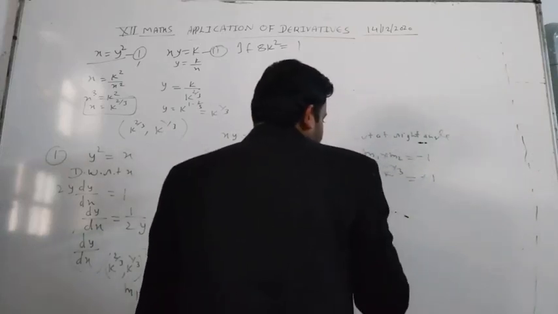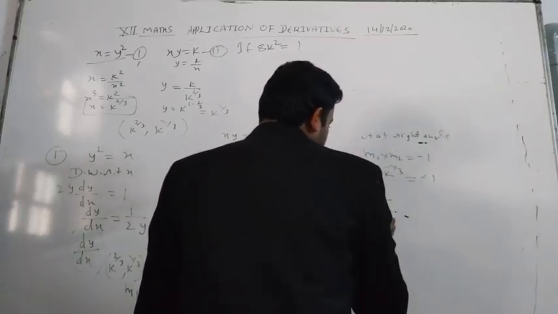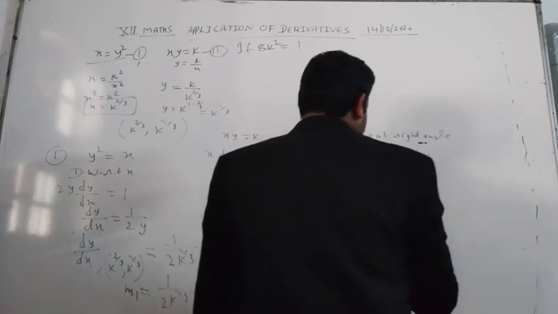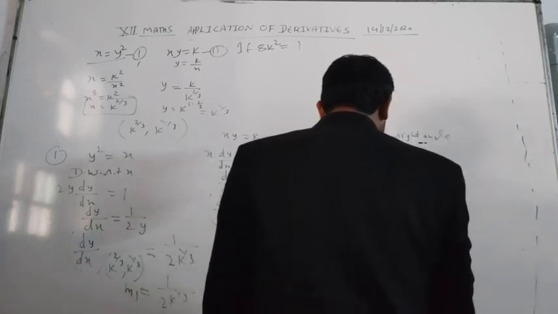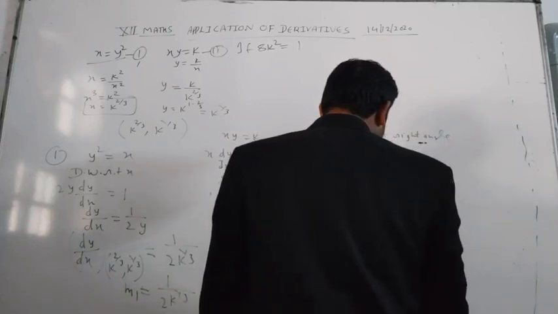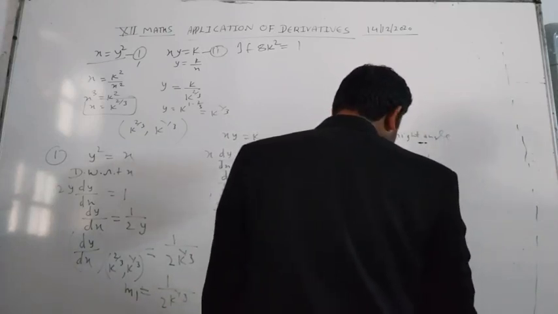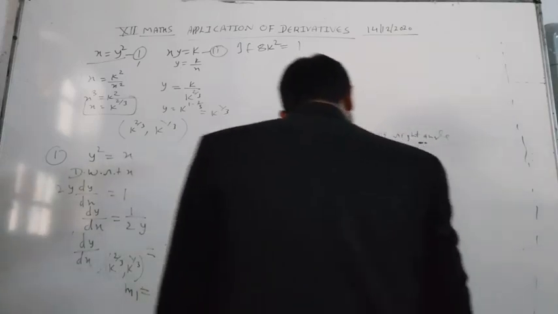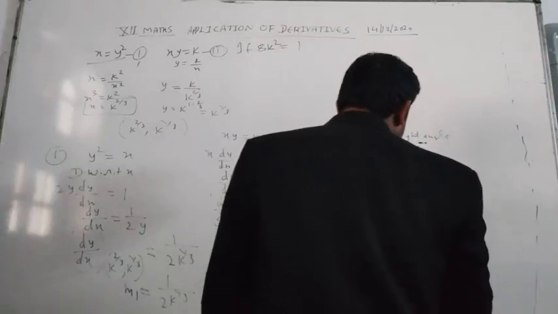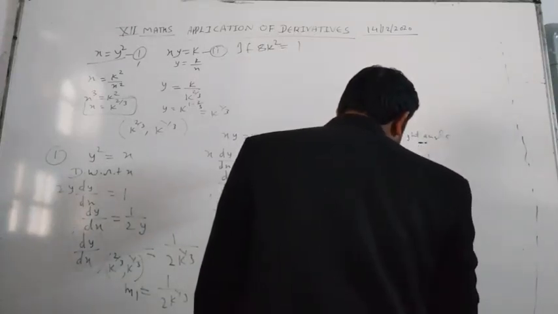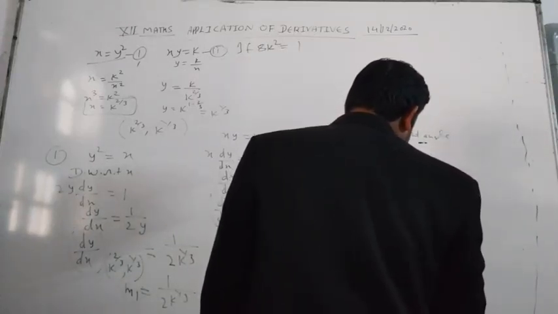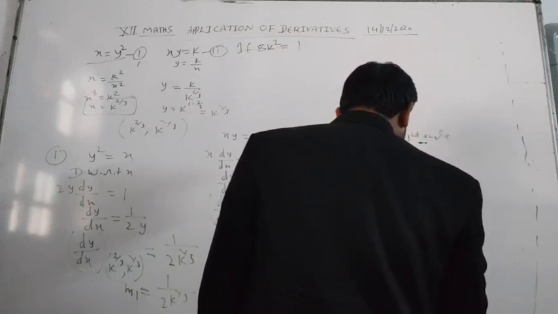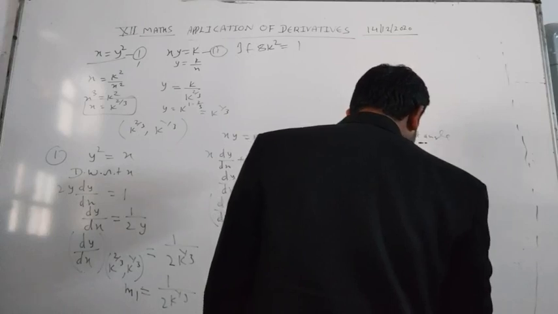Now we get 1 by 2 k to the power 1 by 3 into k to the power minus 1 by 3... so we are getting 1 by 2 k to the power 2 by 3 is 1. And taking cube both sides, we get 1 by 2 cube into 3, this is cancelled. So k is 1 by 8.